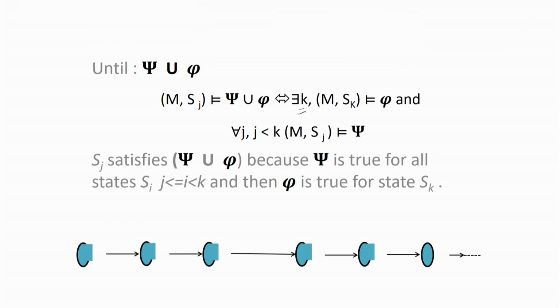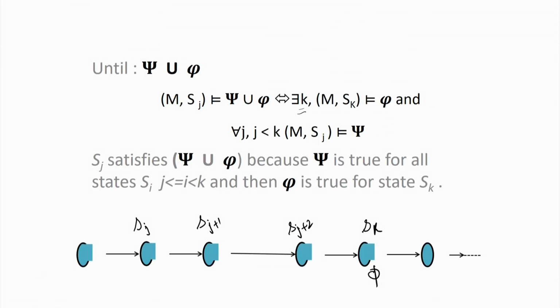Now, come to this particular point. Say phi holds over here, and say this is the state S k, and say this is S j plus 1, S j plus 2, like that.